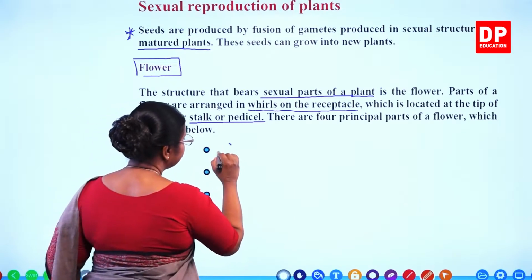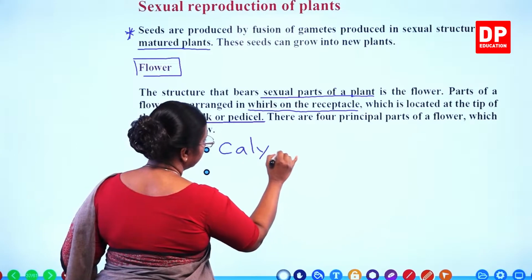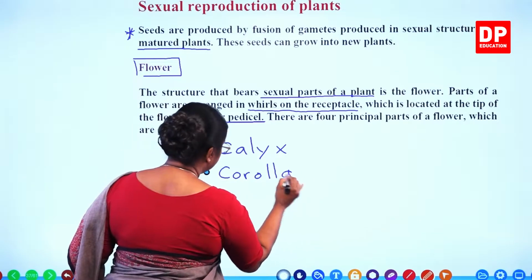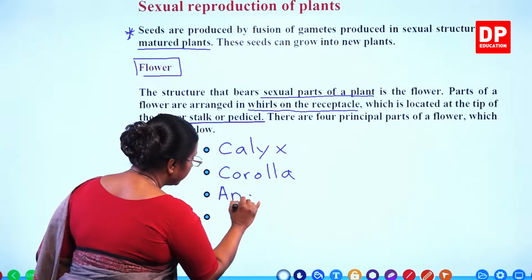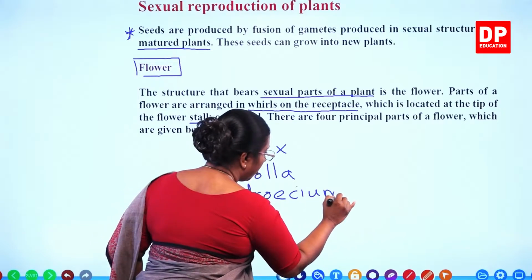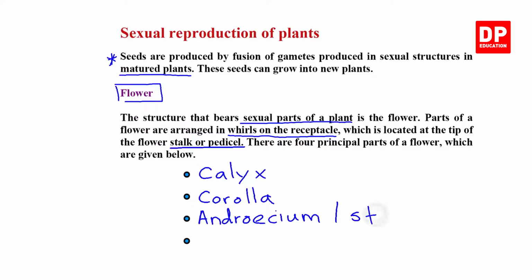There is the calyx. Then we have the corolla. Then we have androecium, or what we call as stamen. Another name for androecium is stamen, and gynoecium, that is also known as pistil.